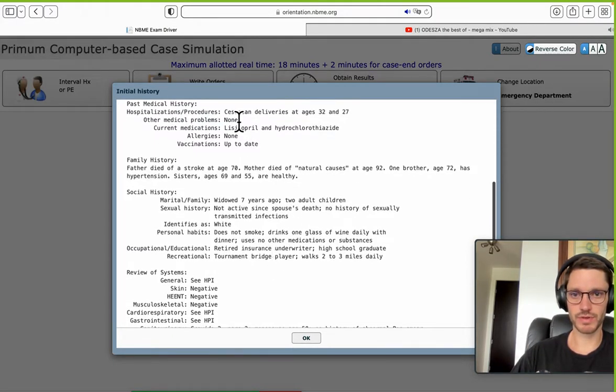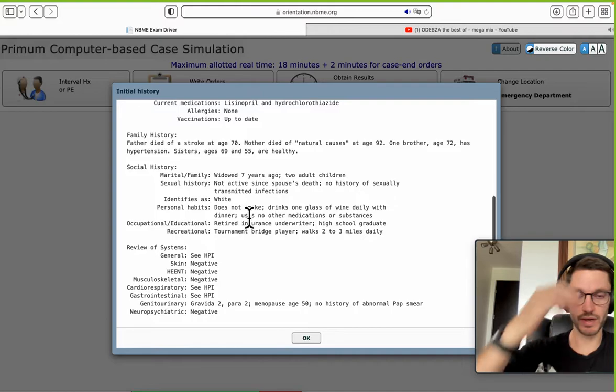Past medical history, cesarean deliveries, the treatment, vaccinations up to date. Family history: father died at 70, mother died of natural causes at 92, brother age 72 has hypertension, sisters healthy. Social history: widowed 7 years ago.